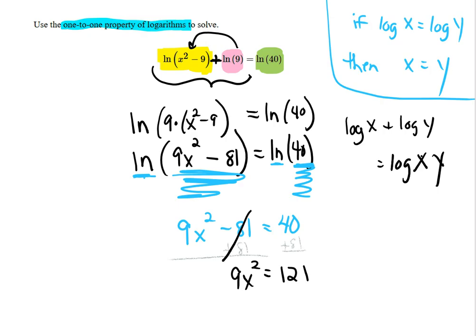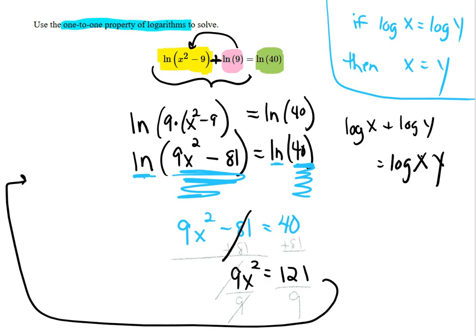If you divide both sides by 9, the 9's cancel, so you get x squared equals 121 over 9.